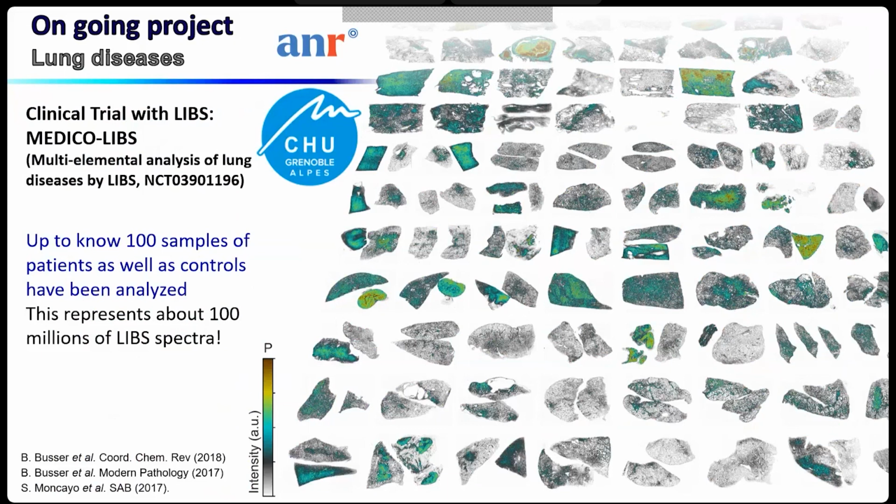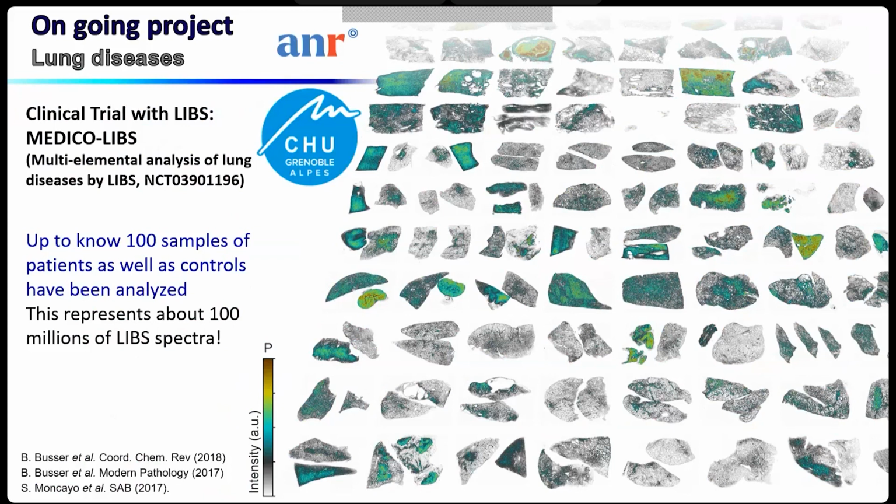So for each biopsy, they collect some sample for us to make a kind of reference. And up to now, we have analyzed 100, maybe 150 samples, and we have around 100 million LIBS spectra on this type of sample.